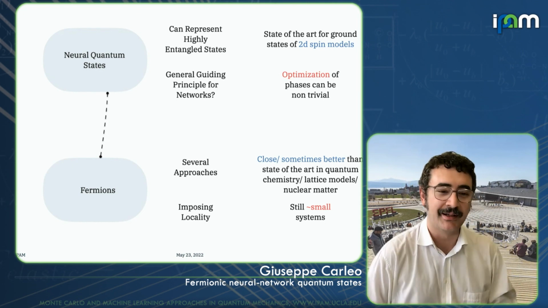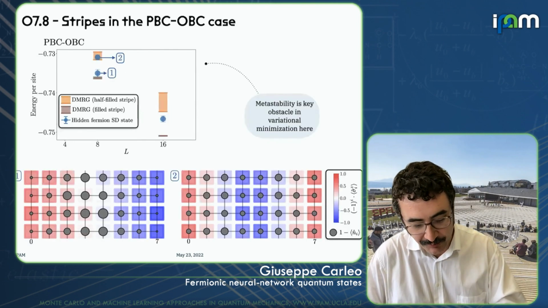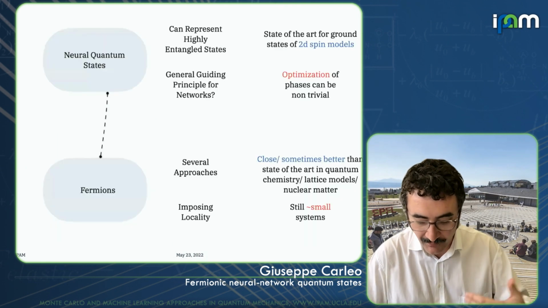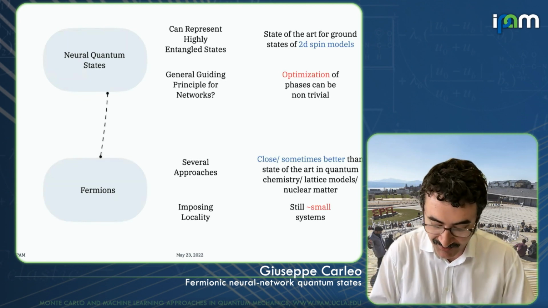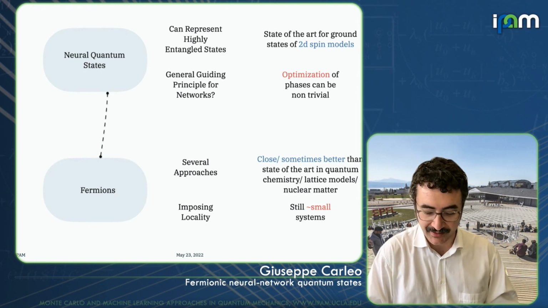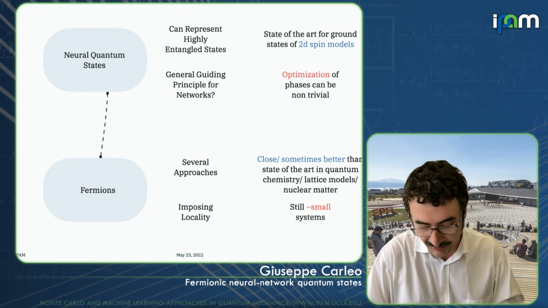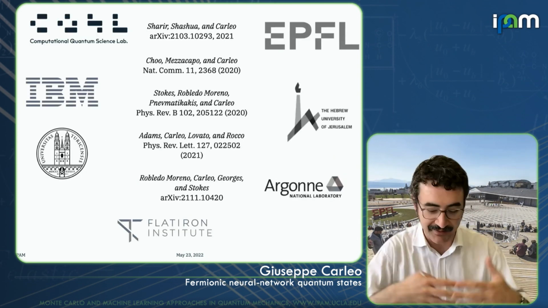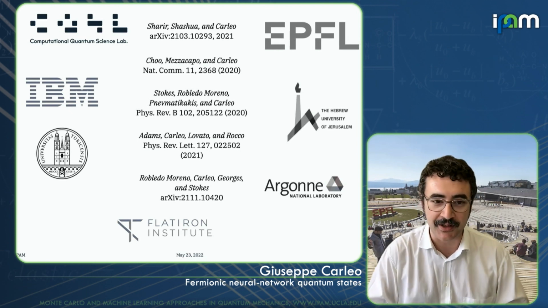But when we can start studying systems that are not so small, for example, in this case, when we have periodic boundaries, we can often or sometimes do better than some existing variational methods in the field of quantum chemistry or nuclear matter, or even for the Hubbard model. So I believe that there is really a lot of room for further improvements, and conferences like these are certainly the right venue to discuss future development. Thank you.